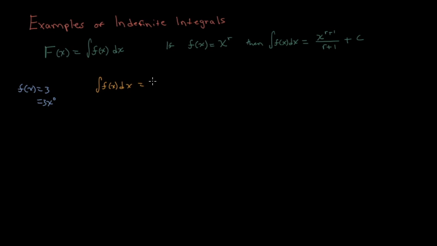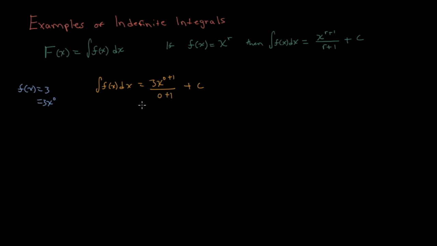So let's go ahead and integrate that. We have 3 times x to the power of 0 plus 1, divided by 0 plus 1, and then plus c.